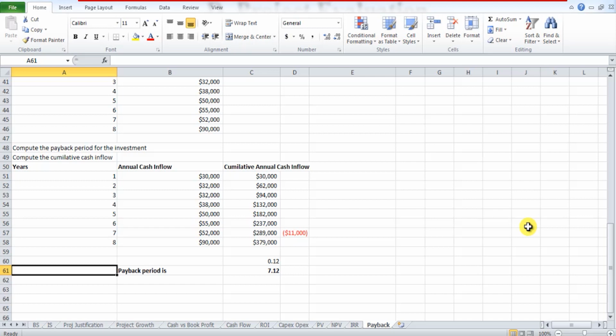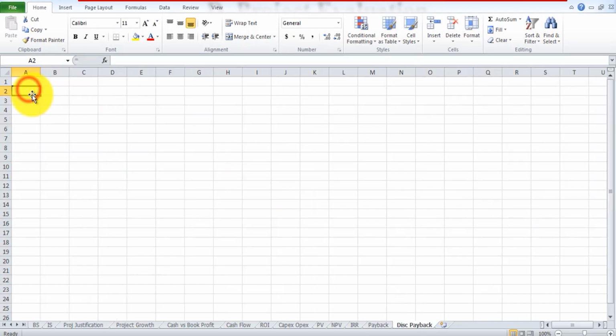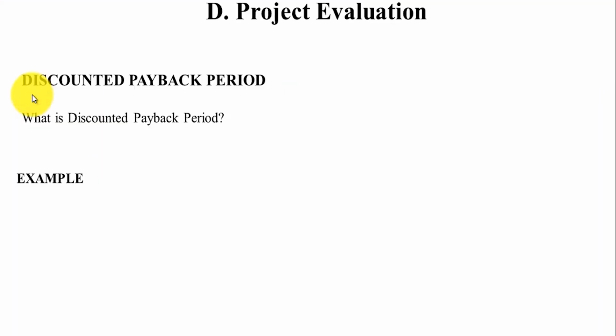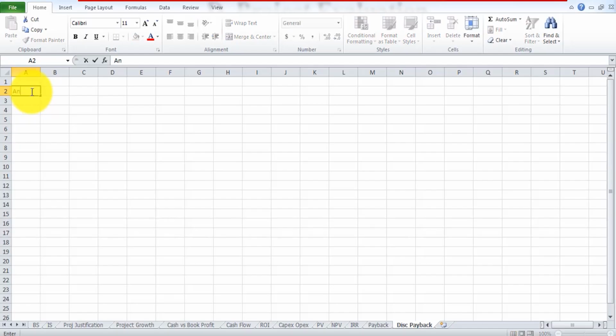Now we have your discounted payback. So let us say an initial investment of, let's say, $2,324,000 is expected to generate $600,000 per year for 6 years.